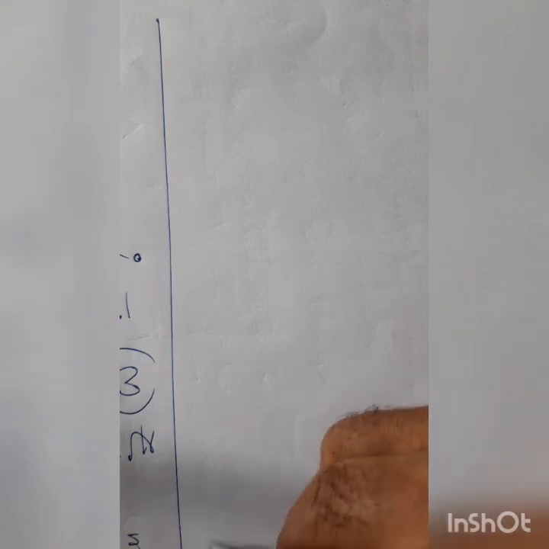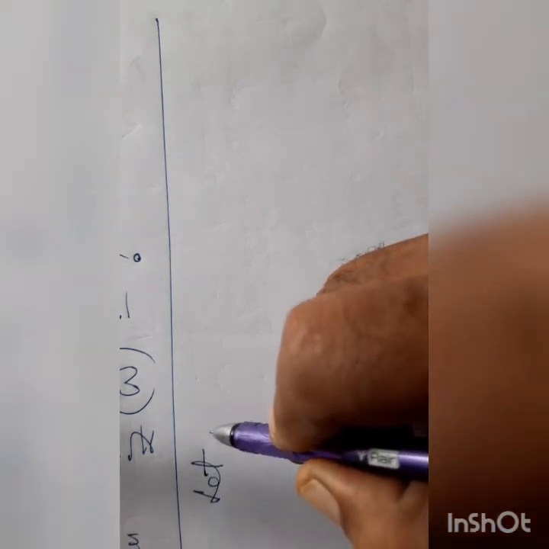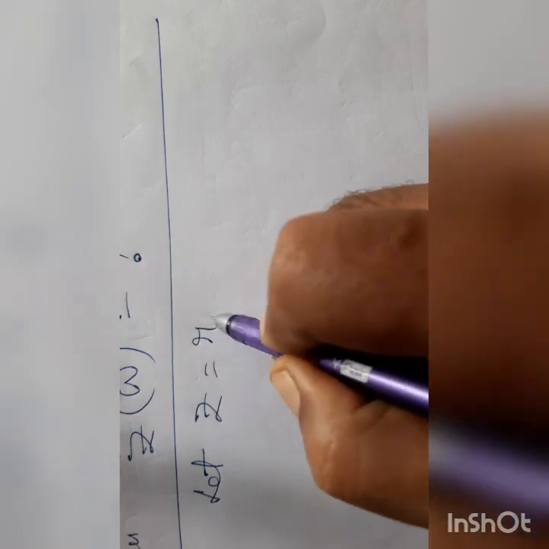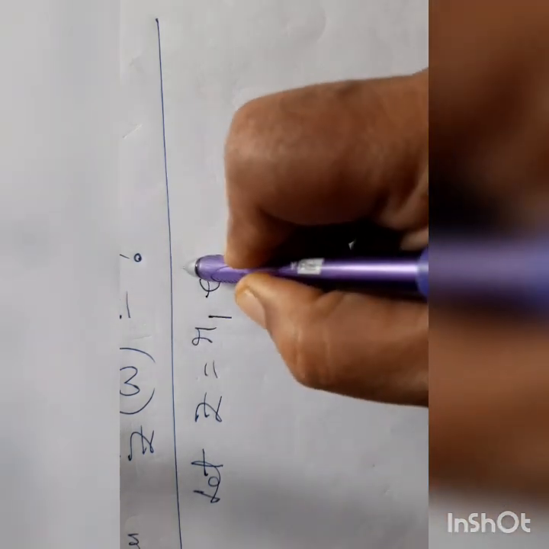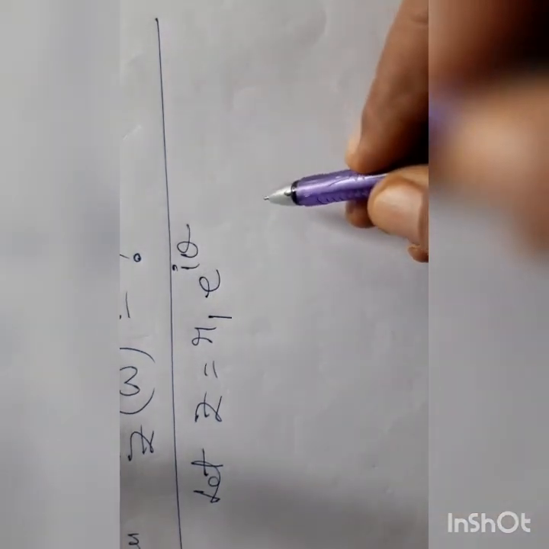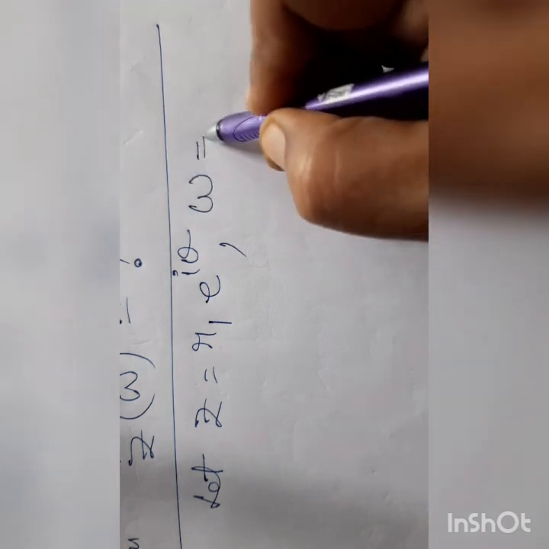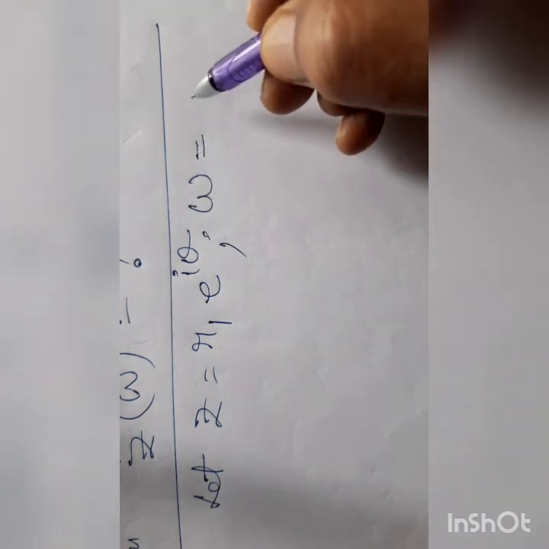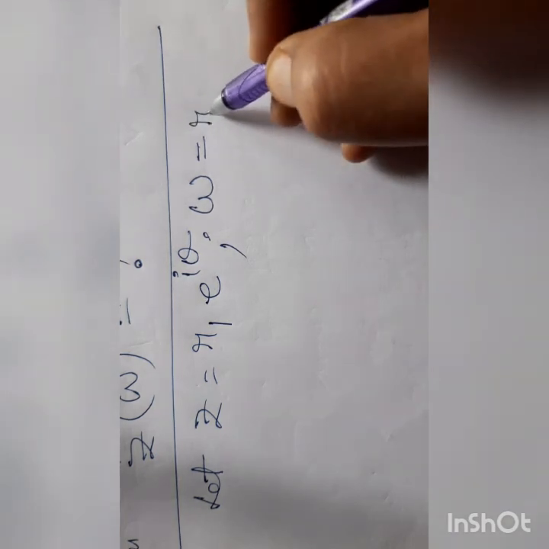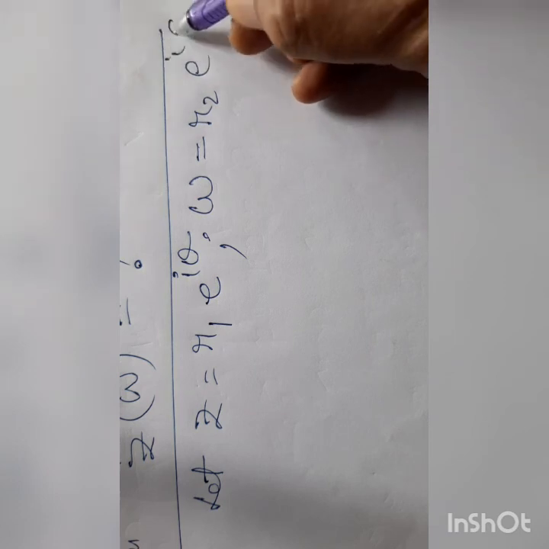Let Z equals r1 e power i theta, and omega equals r2 e power i phi.